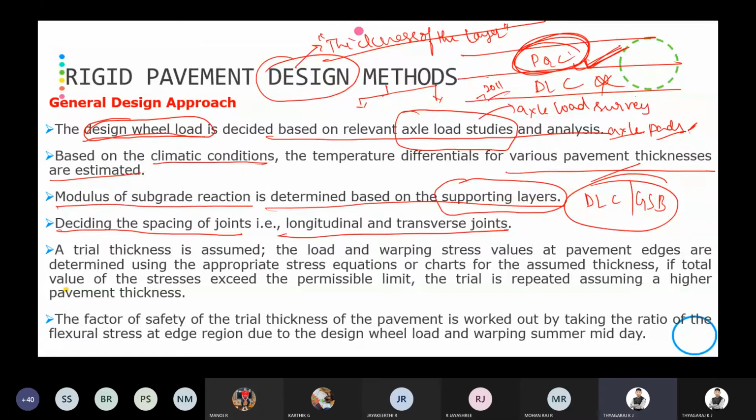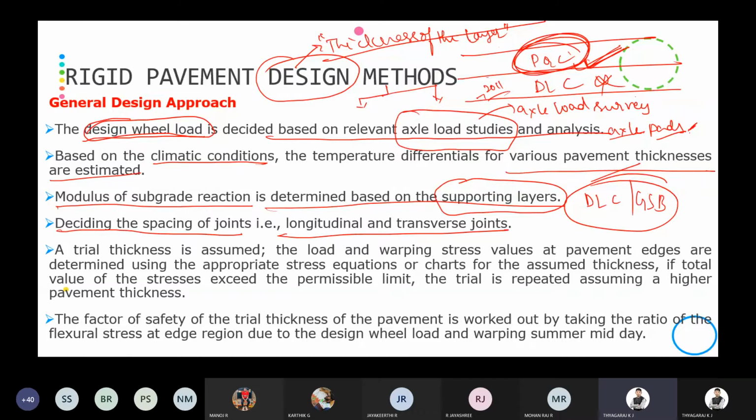So we have calculated the warping stresses. Using this, the spacing between the longitudinal joints and transverse joints, and based on the spacing of joints also, we are going to consider the thickness of the rigid pavement.